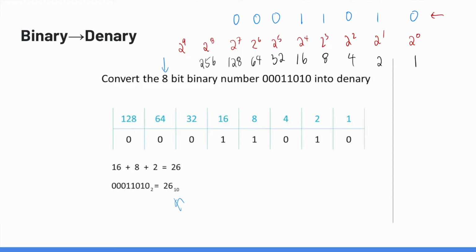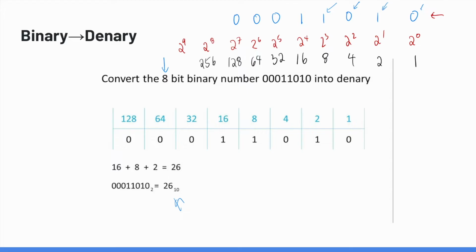Basically each one of the values in this binary number represents 2 to the power of whatever digit it is. So this one right here represents 2 to the power of 0 because this is the 0th digit. Next one, this one here is 2 to the power of 1, 2 to the power of 2, 2 to the power of 3, etc. And that's why we call this a base 2 number.